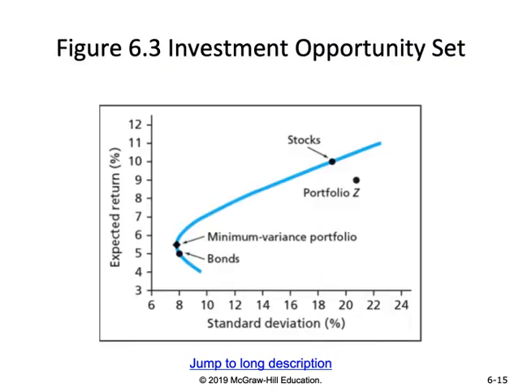So when we plot those various combinations of stock funds versus bond funds, we end up with a curve like this blue one. And note that the y-axis is expected return, the x-axis is standard deviation. So all possible combinations of standard deviation and expected return should fall on this blue line.